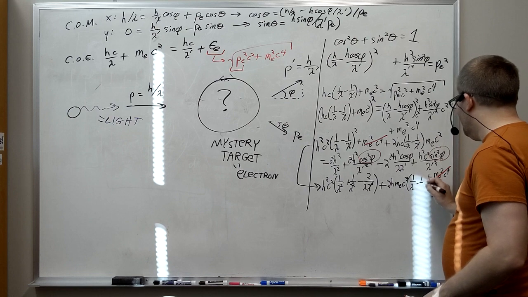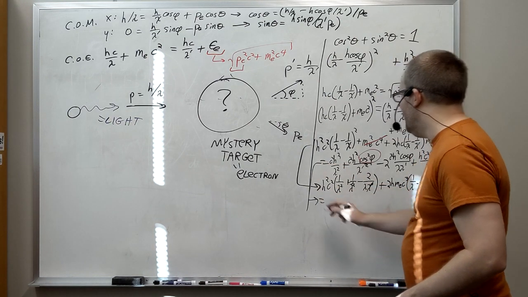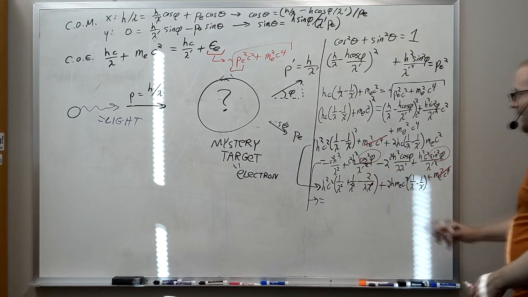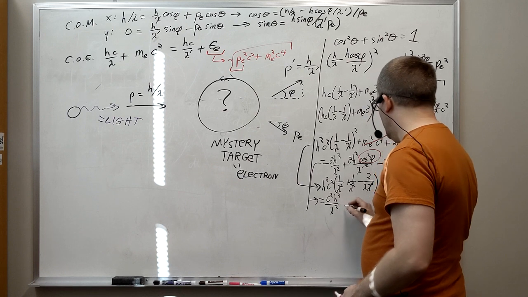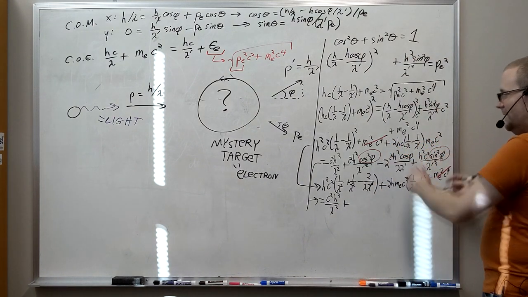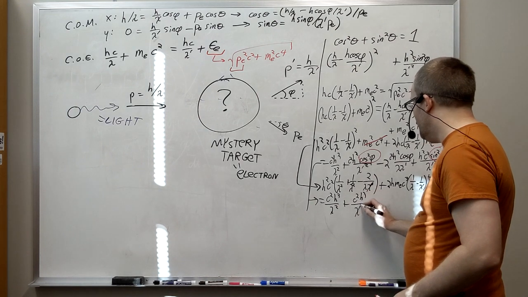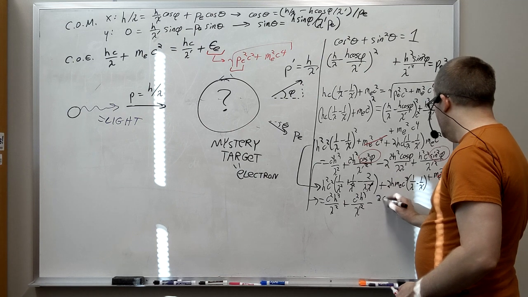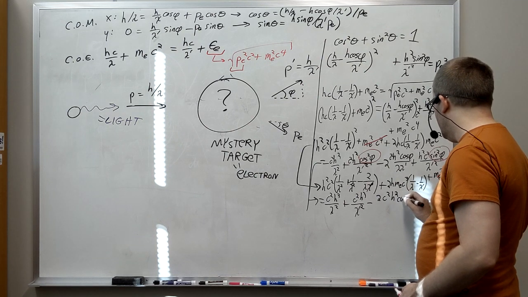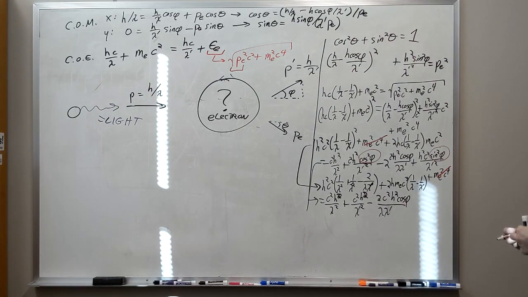1 over lambda minus 1 over lambda prime is going to equal my right-hand side now. I've got a c squared h squared over lambda squared, plus these two things added together will just give me a c squared h squared over lambda prime squared minus a 2c squared h squared cosine phi over lambda lambda prime.